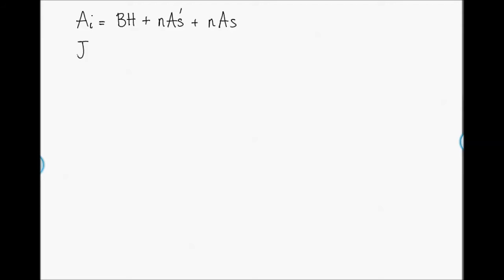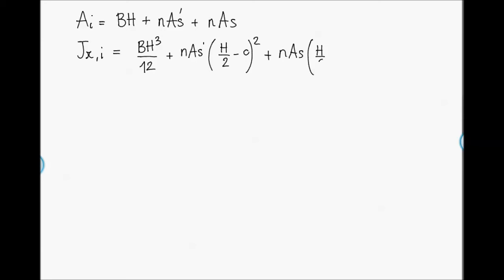The moment of inertia JRI was equal to BH cube over 12 plus nAS prime that multiplies h half minus c squared plus nAS that multiplies h half minus c squared.